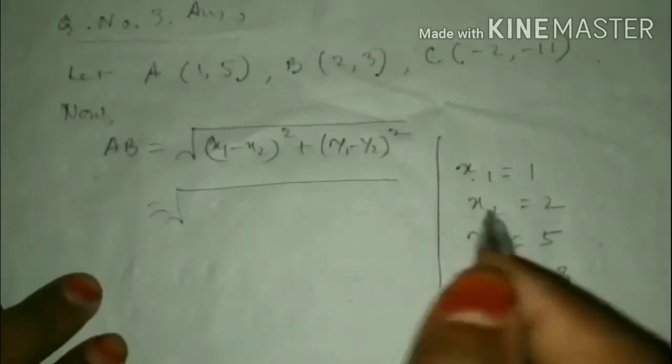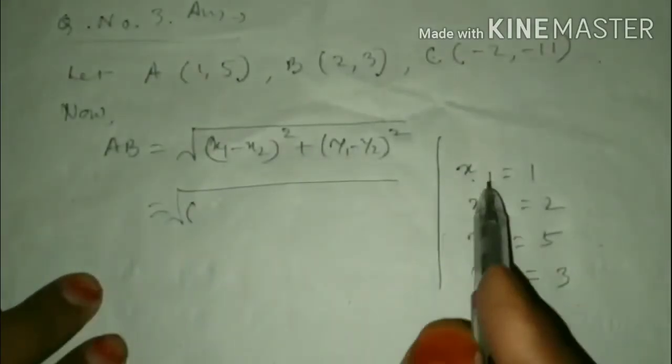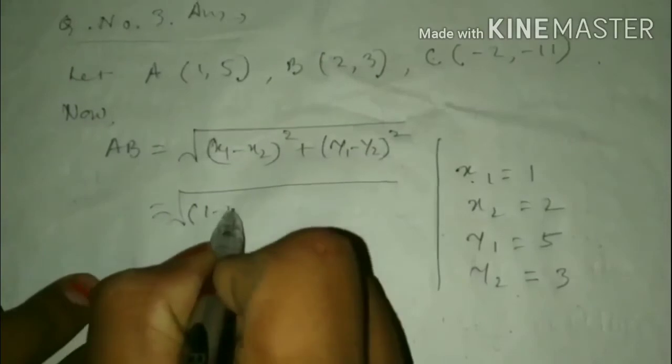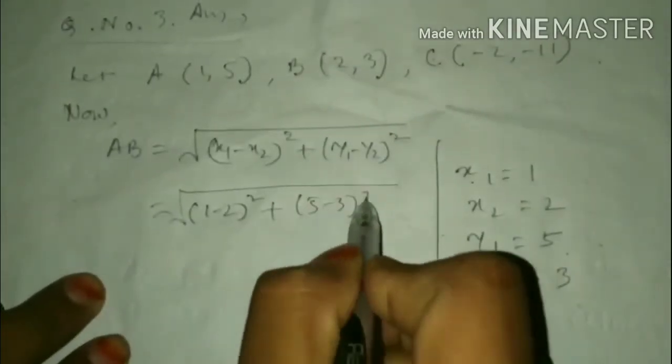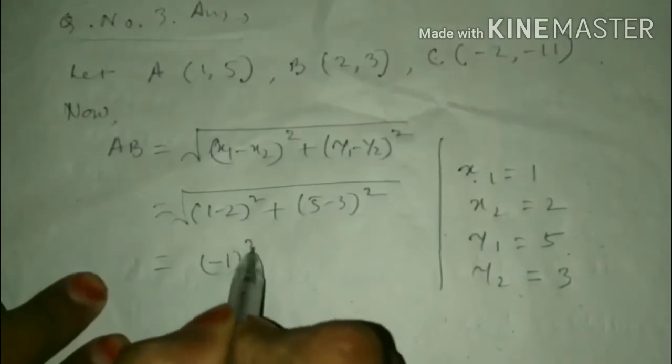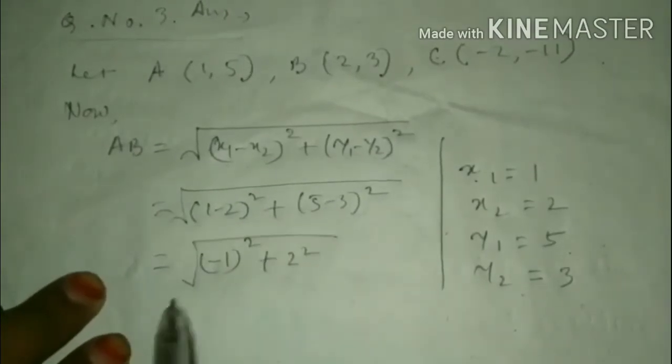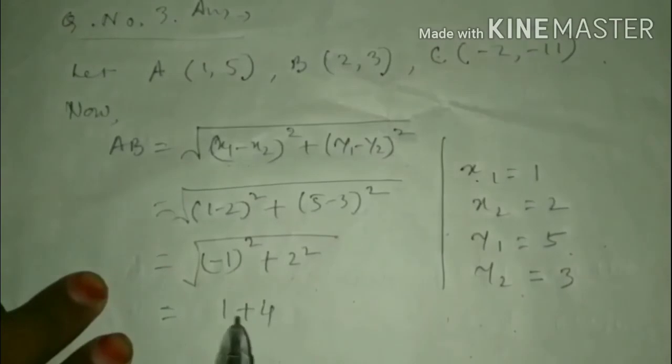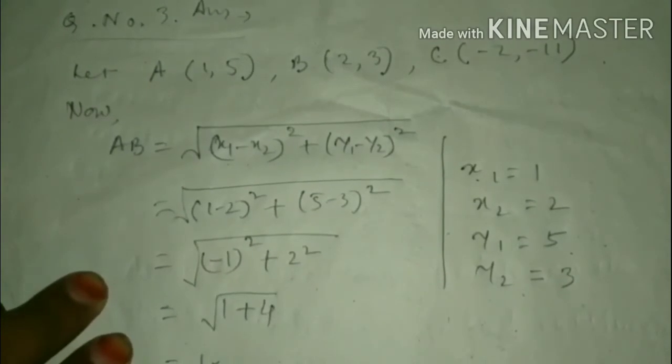So 1 minus 2 whole square plus 5 minus 3 whole square. That is minus 1 square plus 2 square, so 1 plus 4, that is root 5.